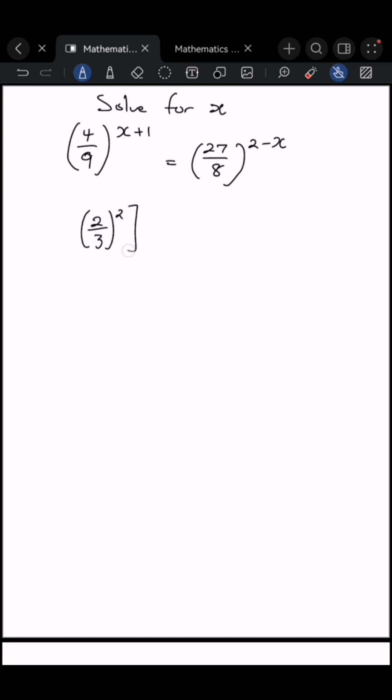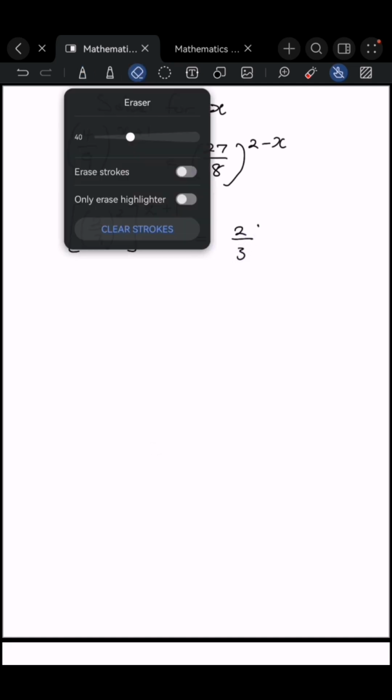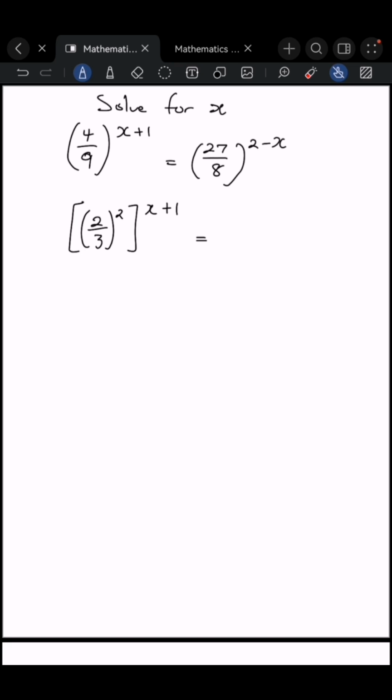Squared, all raised to the x plus 1 is equal to, hold on, the 3 is at the top, which is 2 over 3, all raised to the power of 3, bracket, 2 minus 9, all raised to the power of 2x.